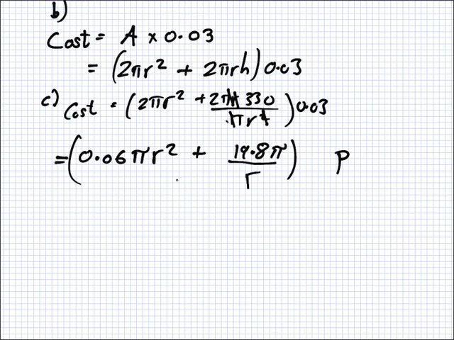Okay. Now I want to figure out the minimum. So what do I do here to get the minimum? The derivative. So that would be 0.12 pi r minus 19.8 pi over r squared. And that's to equal 0, isn't it?